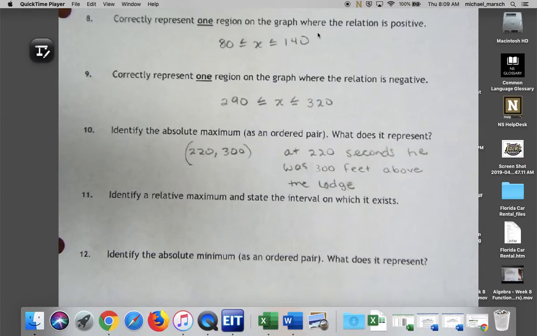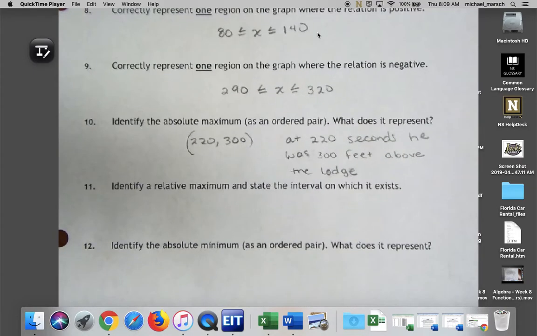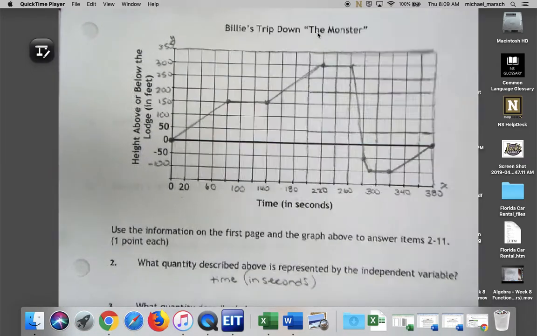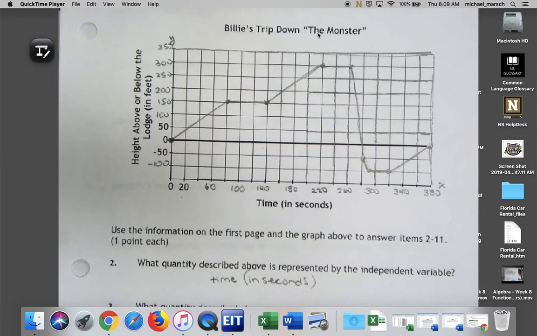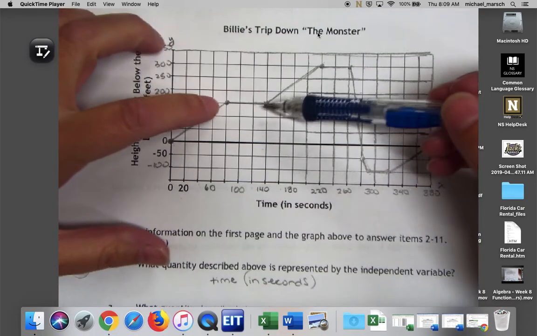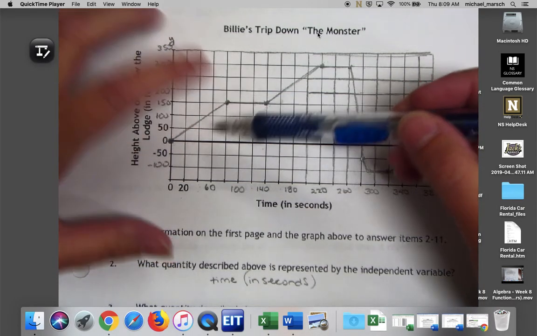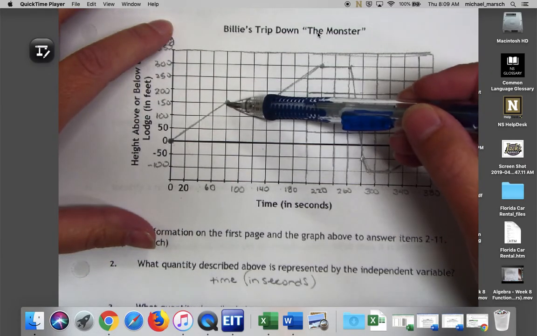Identify a relative maximum and state the interval on which it exists. So if I'm looking for a relative maximum, remember that is an area that is not the highest peak, but it would still be considered a peak. So I'm going to do this section here. I'm going to choose 80, 150.